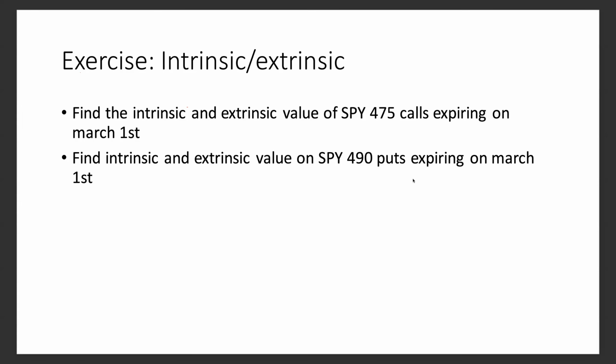If you want to find the intrinsic value of this contract, just subtract the current stock price minus the strike price of whatever calls you're planning on purchasing. And here it's 475. So it's pretty simple. Subtract the current stock price minus the strike price of 475.